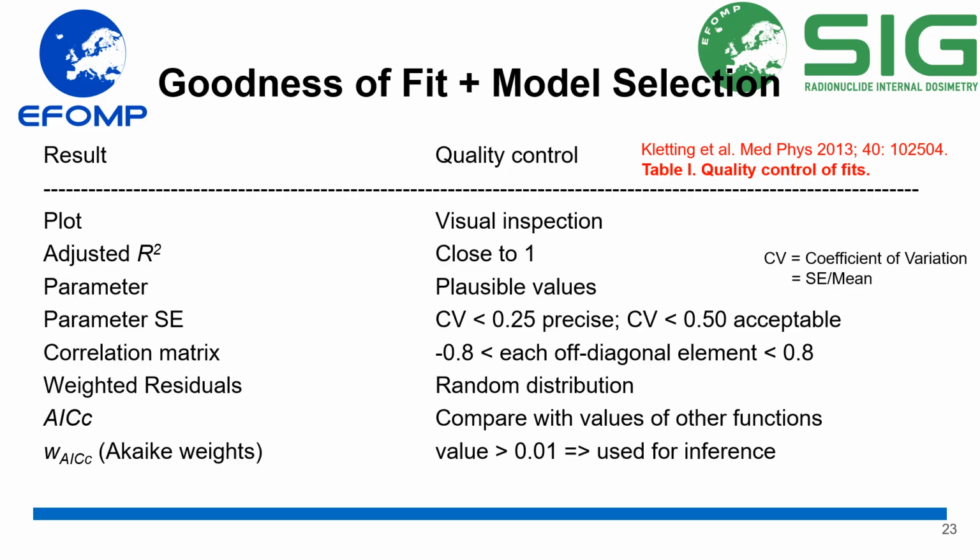The constraints for the standard errors of the parameters and the off-diagonal elements of the correlation matrix should be met. The weighted residuals should show a random distribution, as a systematic deviation indicates that another fit function may be needed, or at least better. Finally, the Akaike weights for all investigated fit functions can be calculated and used for further calculations.